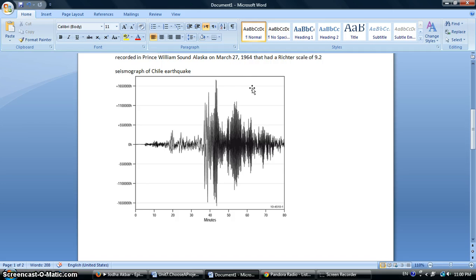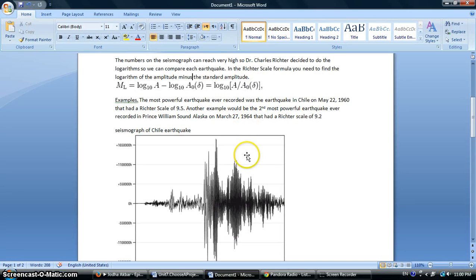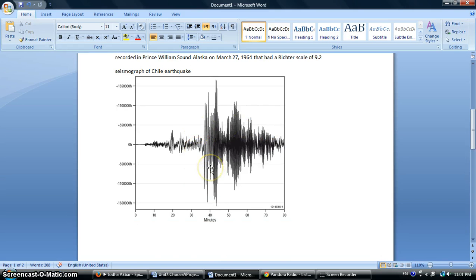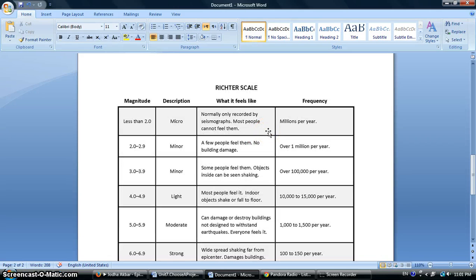And they take the log of all of that, and then you have the Richter, which equals log of 10 A given that standard amplitude, and that gives you the Richter scale of 9.5.